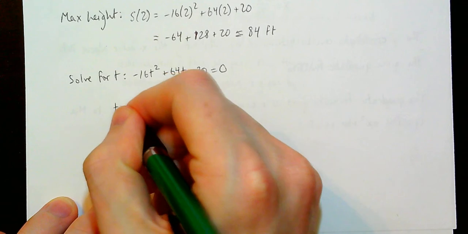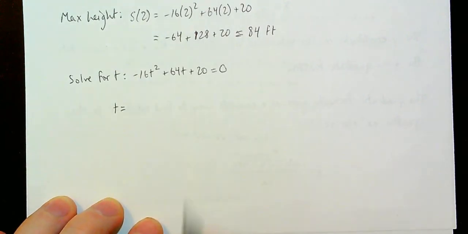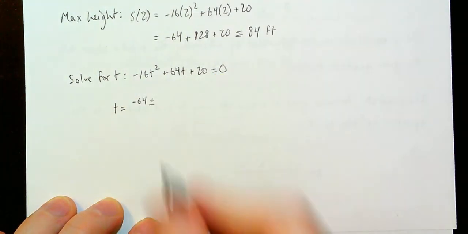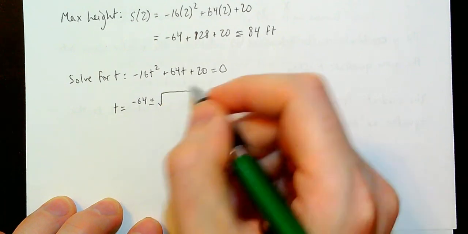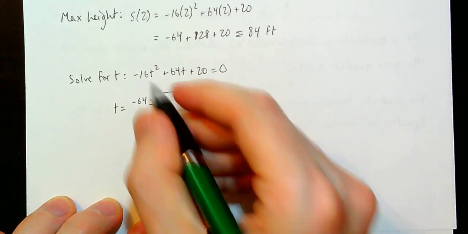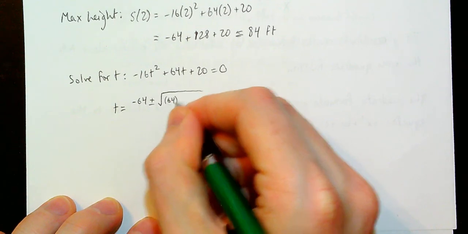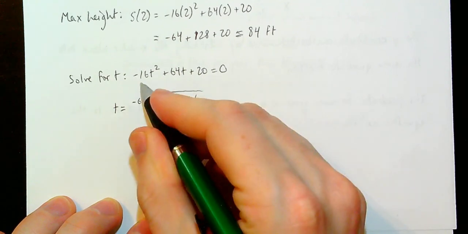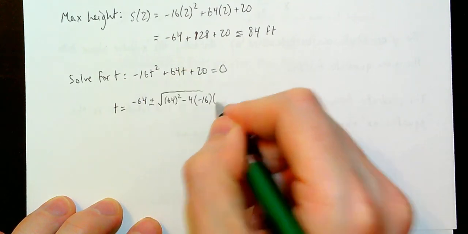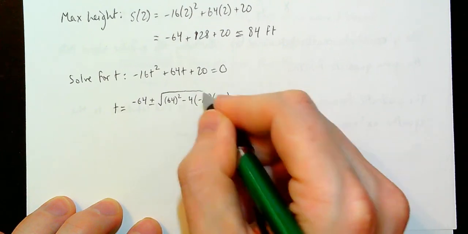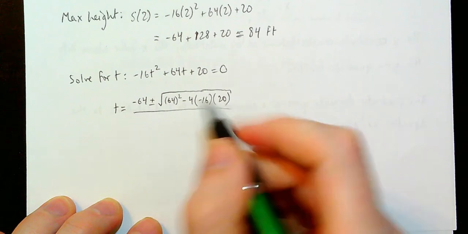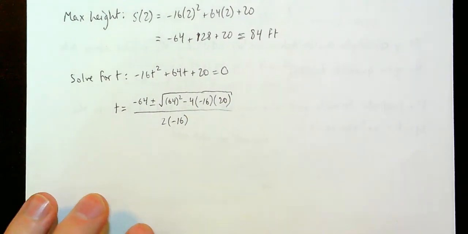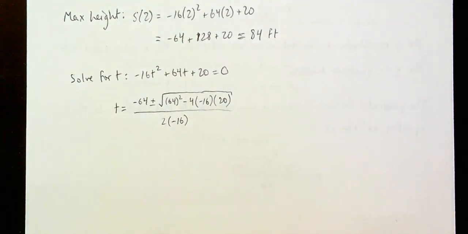So our t value is going to equal minus b, minus 64, plus or minus the square root of b squared, 64 squared, minus 4 times my a value of minus 16, times my c value of 20, all divided by 2a, or 2 times a, minus 16.